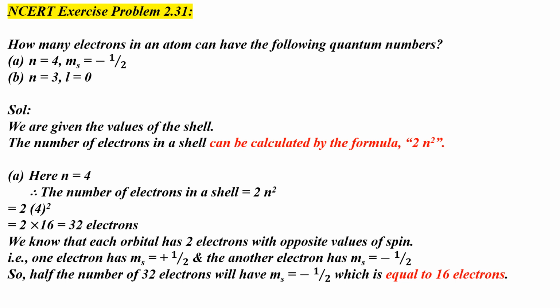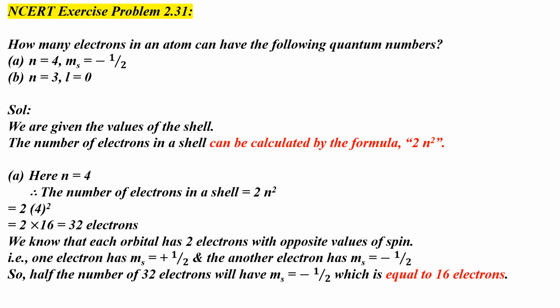And what is the next quantum number given in the first case? ms equal to minus half. So it means the spin orientation of the electrons. You are asked to find out the number of electrons with this spin orientation. I told you an orbital is occupied by 2 electrons.